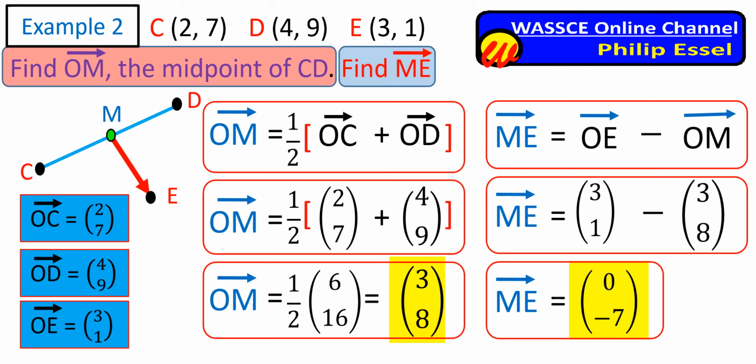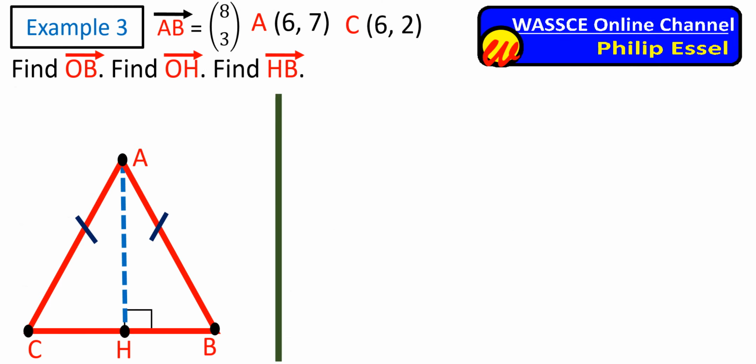Let's move on to example 3. In this example, we have been given an isosceles triangle, and the isosceles triangle has the vertices A, B, and C. Now, a perpendicular line has been drawn from the apex of this triangle to meet the base CB at the point H. I'll need us to note that the point H is dividing the base CB into two equal parts because this shape is an isosceles triangle.